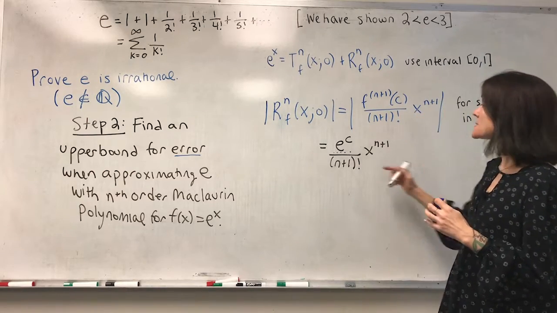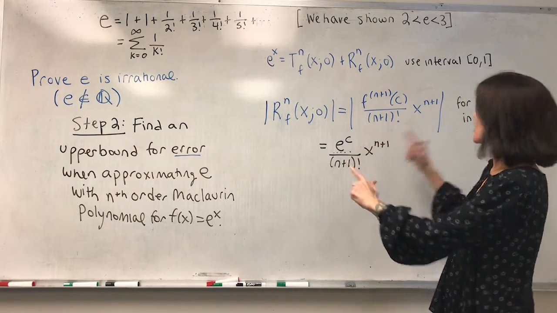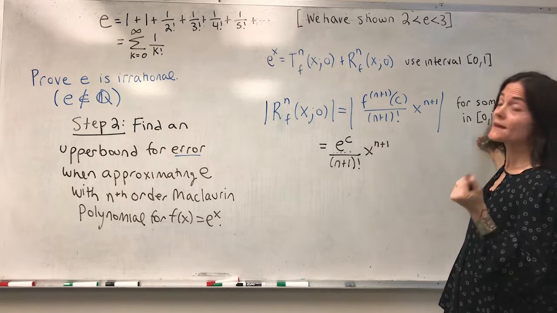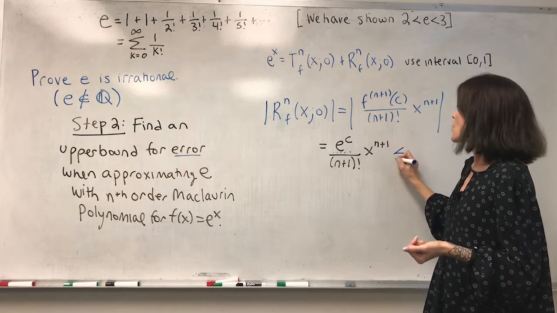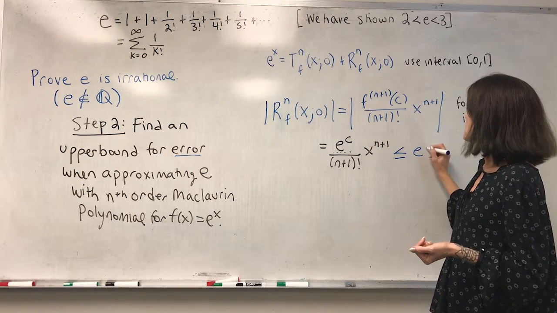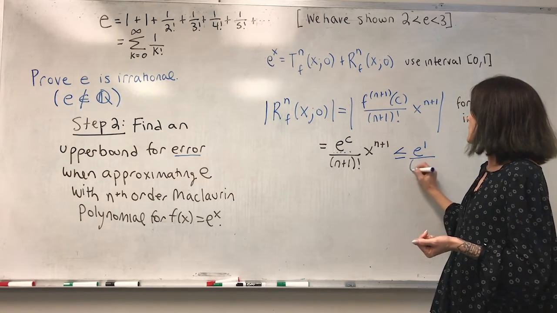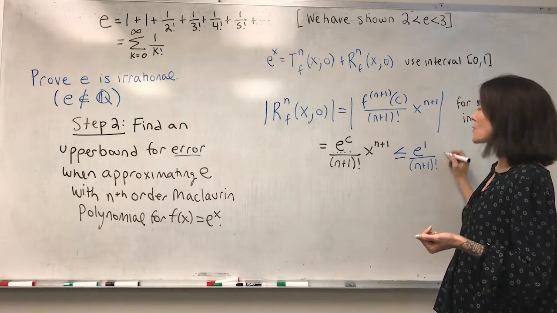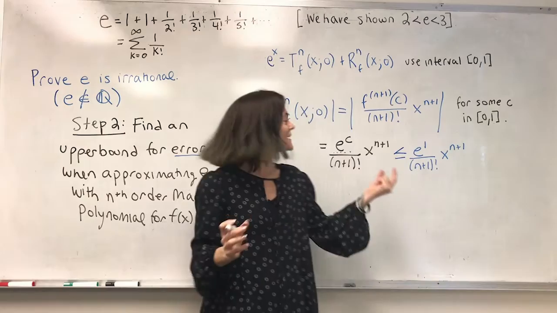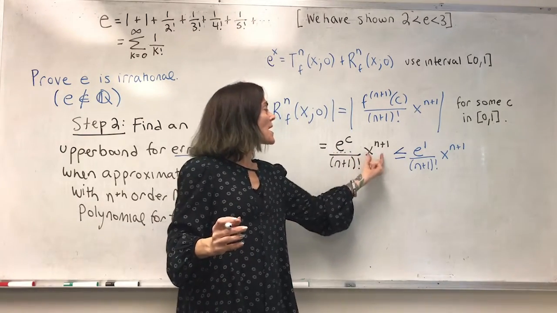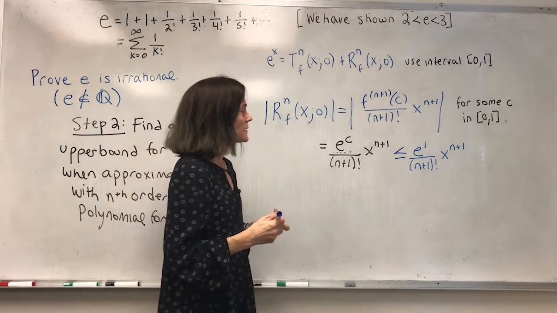Because it's increasing, the largest it will be is on the right endpoint. So this will be less than or equal to e to the 1 over, and then I'll leave this alone. I usually do this in 2 steps to get my bound. First, I bound the derivative, and then I will bound the power of x.